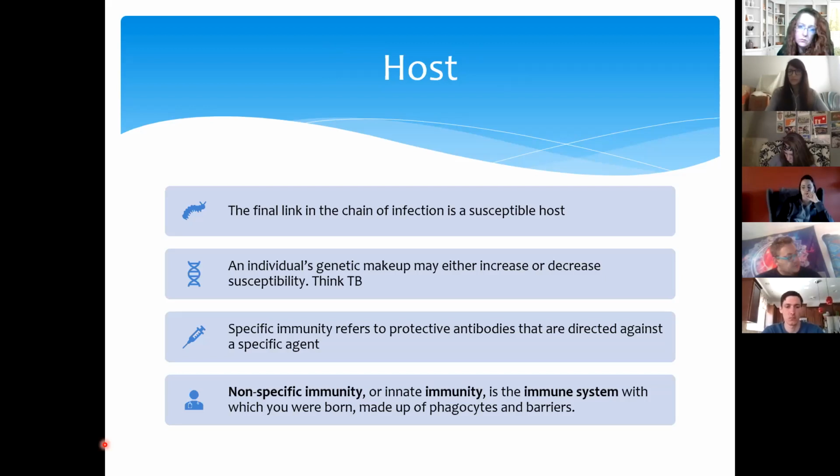Individuals' genetic makeup can increase or decrease susceptibility. You hear about those people who never get sick at all. They just have really good genes. And then there are people who are more likely to become sick because of their genetic makeup. Also, patients who have had a disease before get sick more easily.